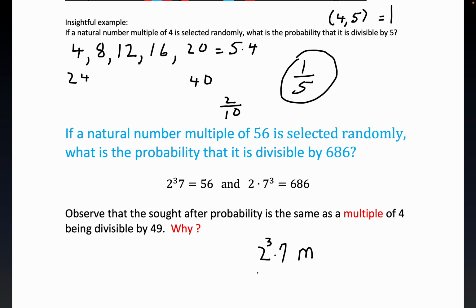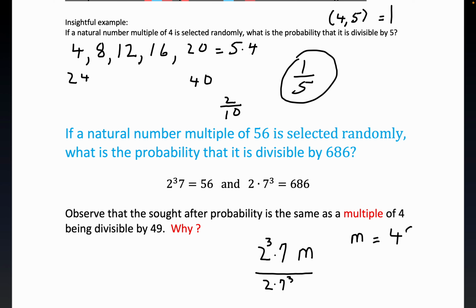Now, the divisor, divisible by 686, that means we would place 2 times 7 cubed here, right? And so you see the only way for this to be an integer is for m itself to be some multiple of 49. So I will call it 49k.